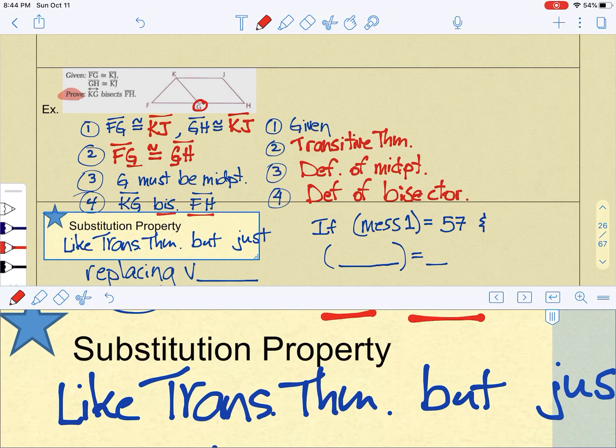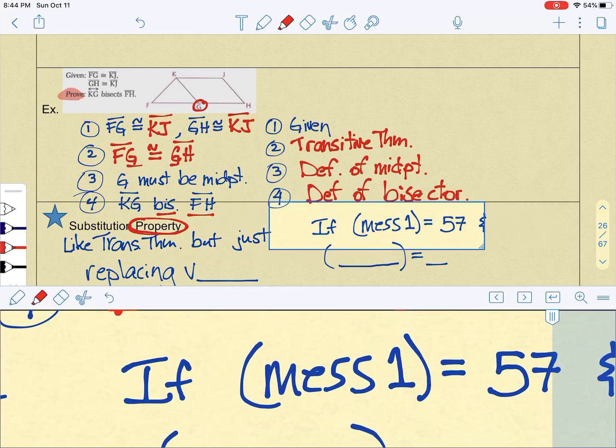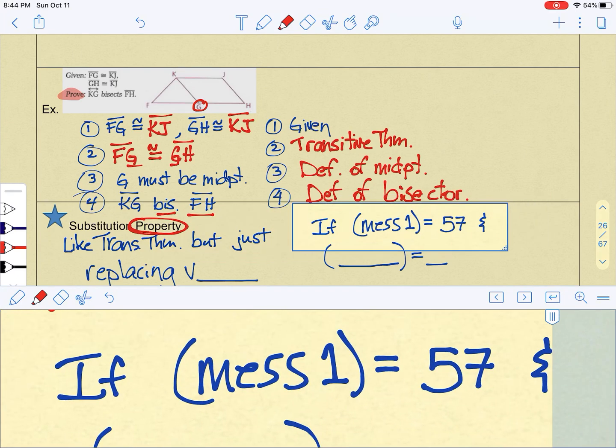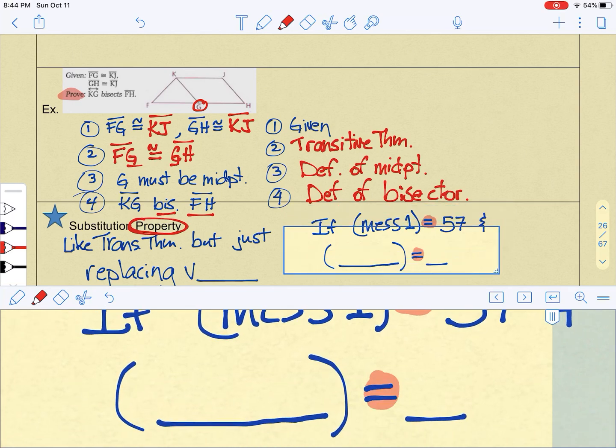Finally, the last thing important here, but very similar. It's like the transitive theorem, but this is not a theorem. This is a property. Okay. So I'm going to illustrate it over here. First of all, notice I'm using equal signs and not congruent signs.